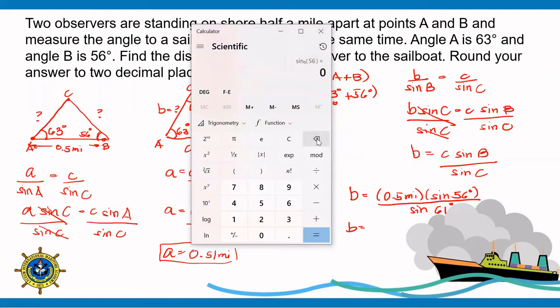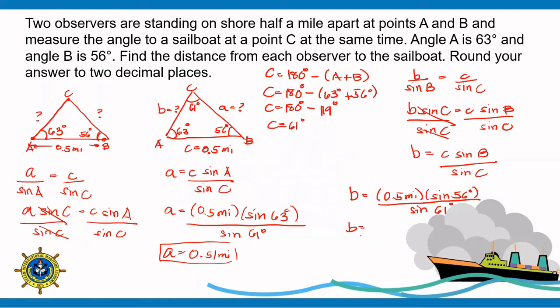Then press equals and then divided by 61. And then you go to sine. Okay, there you go. So this one is 0.47 miles. So therefore, this one is the distance from the observer at A up to the ship. Okay, so yun ang kanilang distances.